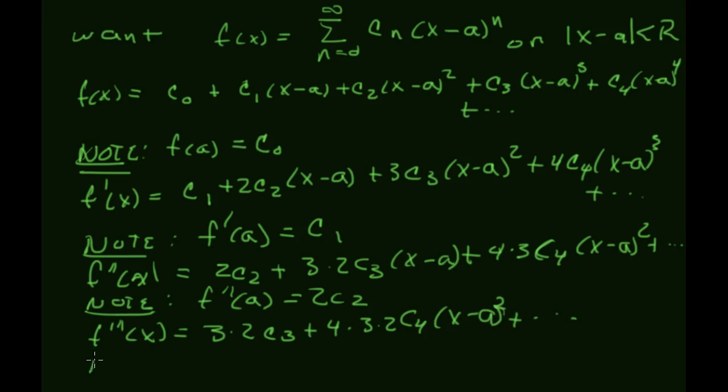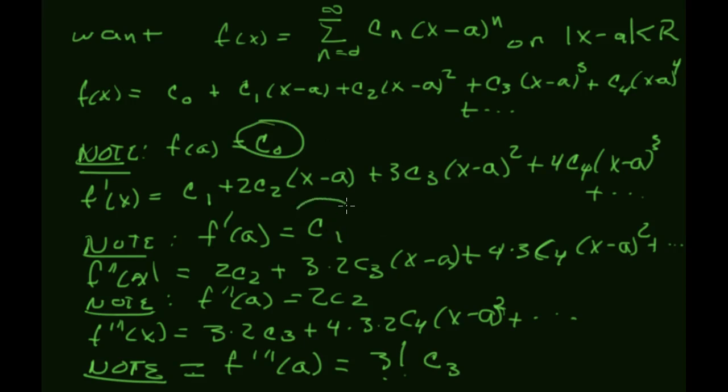Okay, so again, I'm going to note that I get f triple prime of a is going to be 3 factorial times c sub 3. So this is literally 0 factorial times c0, 1 factorial times c1, 2 factorial times c2, and 3 factorial times c3. If I kept going on this, I'm going to get some interesting results.